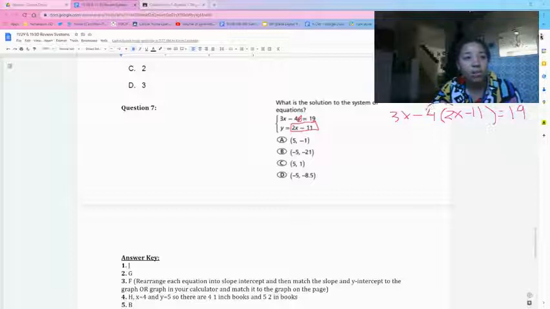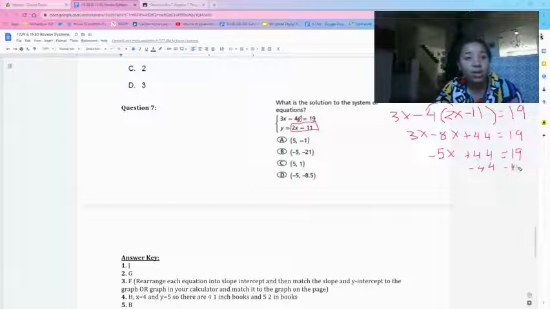So I'm going to do the distributive property. This would be -8x plus 44 equals 19. And then we're going to put 3x in the front. So then this would be -5x plus 44 equals 19.